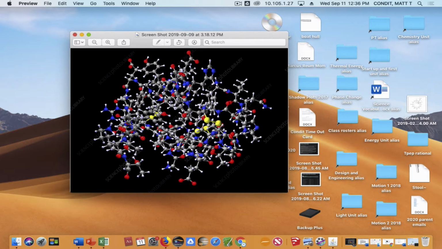I would never want you to try and do the chemical formula for this. One, you couldn't do it because you can't tell what all those atoms are, but also there's just too many of them. It would be very hard to do in this kind of a picture, but I did want to show you how complex molecules and compounds can become. And here is an example of a real complicated one.